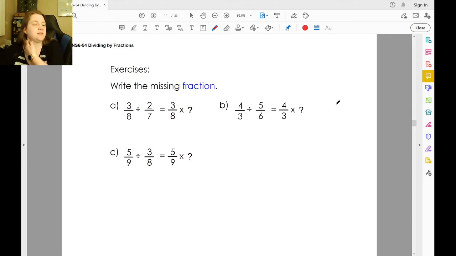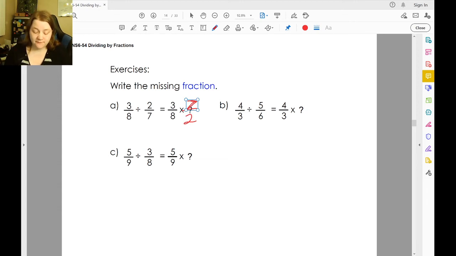So take a look at these and figure out what fraction should be in that question mark. What fraction should be there? You always flip-flop the second fraction. So for letter A, 3/8 divided by 2/7 means the same thing as 3/8 times 7/2.